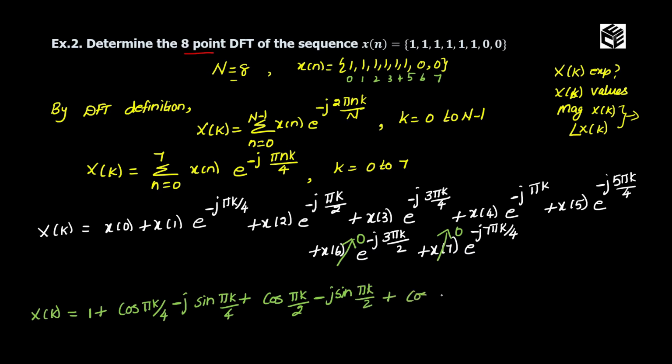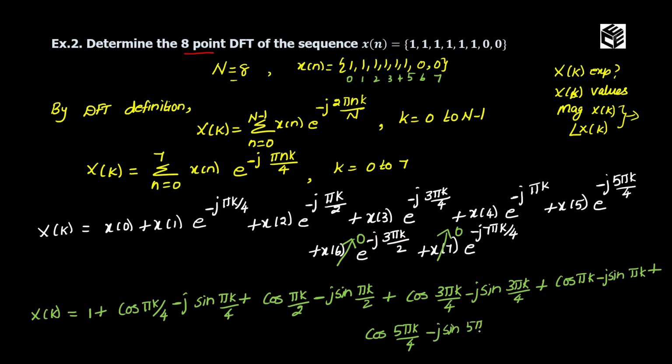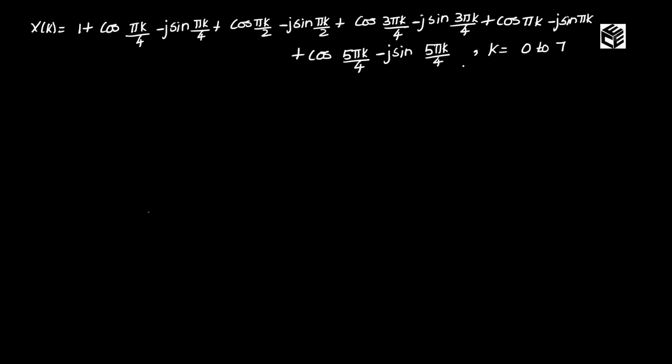Similarly, cos 3 pi k by 4 minus j sin 3 pi k by 4 plus cos pi k minus j sin pi k plus cos 5 pi k by 4 minus j sin 5 pi k by 4. This is the final expression of x of k.